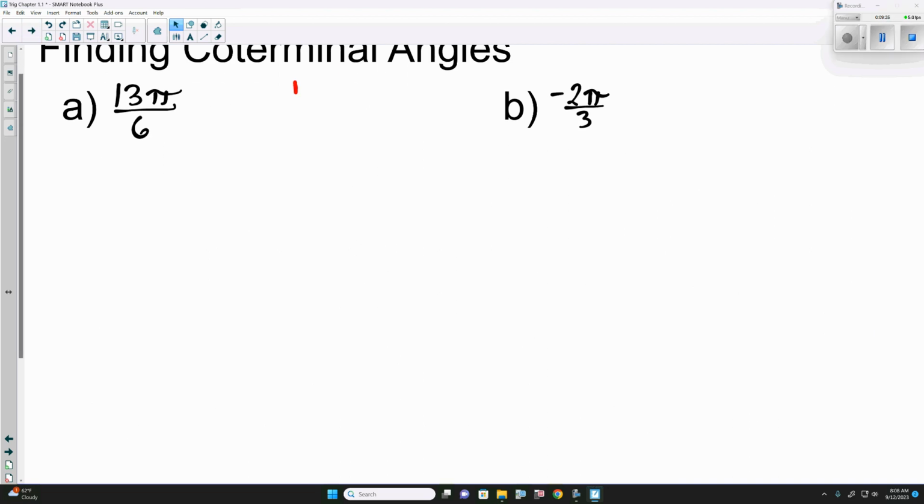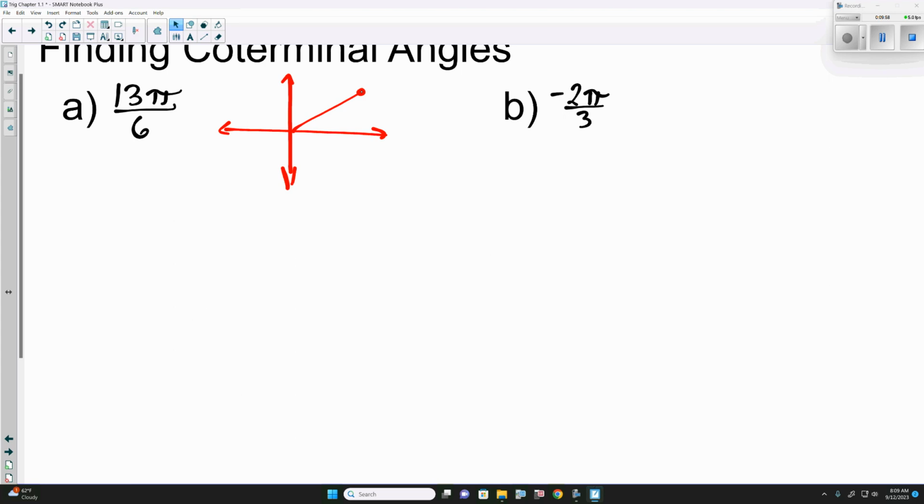Now, if we were to graph this, 13 pi over 6 is going to be in one of the 4 quadrants. And it's figuring out where that's at. And it's going to work out to be in the first quadrant.